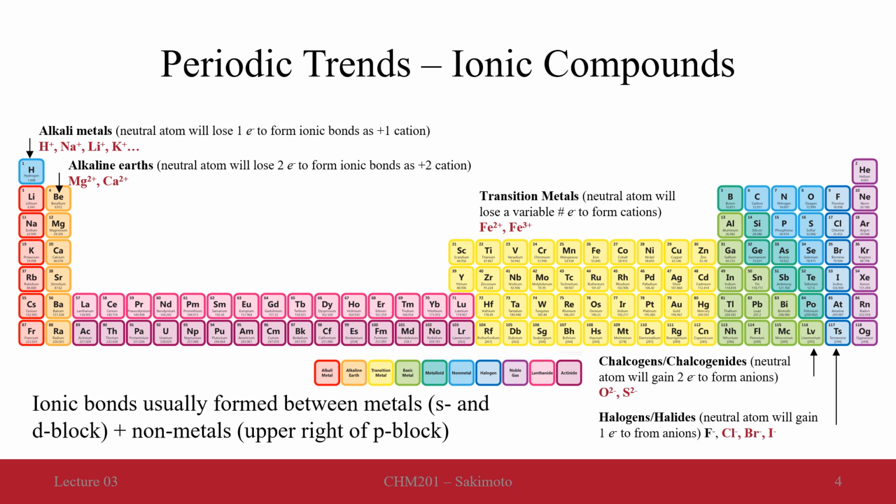Oxygen, as it engages in ionic bonds, not always, but as it engages in ionic bonds, is able to steal 2 electrons to gain the 2 it's missing, completing its set of 8. So oxygen, sulfur, and other chalcogens or chalcogenides will tend to want to form a 2- anion.